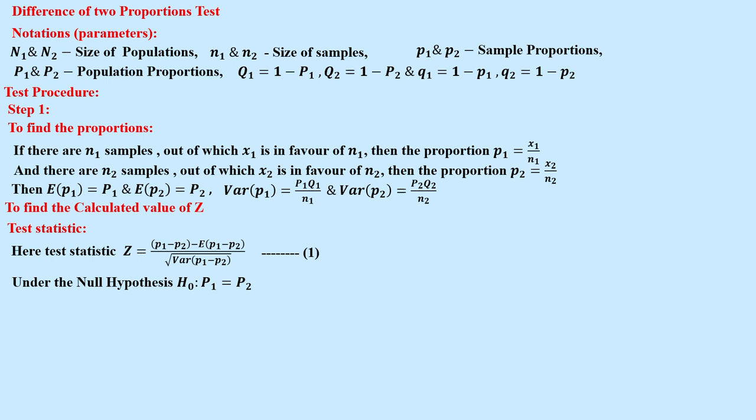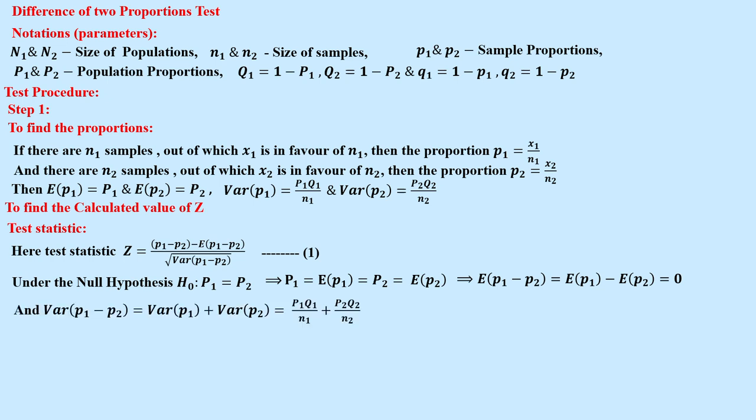Under the null hypothesis, H0 is P1 equal to P2. That is capital P1, equal to expected value of p1, which is equal to P2, which is equal to expected value of small p2. So expected value of p1 minus p2 is equal to expected value of p1 minus expected value of p2, which is equal to 0. So variance of p1 minus p2 is equal to variance of p1 plus variance of p2, right?